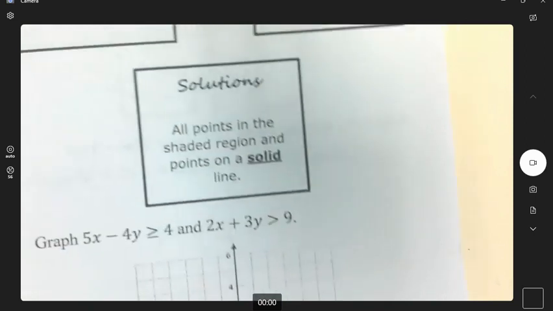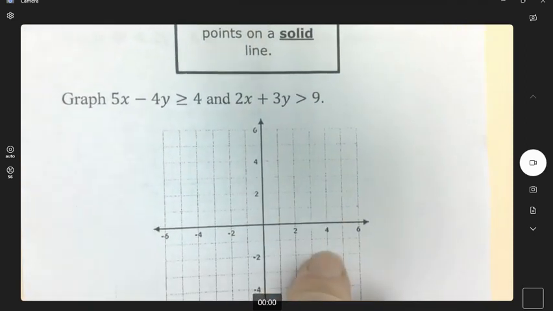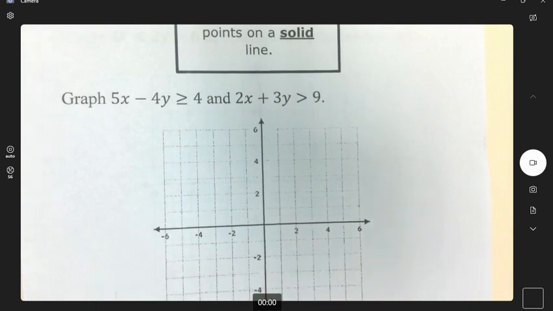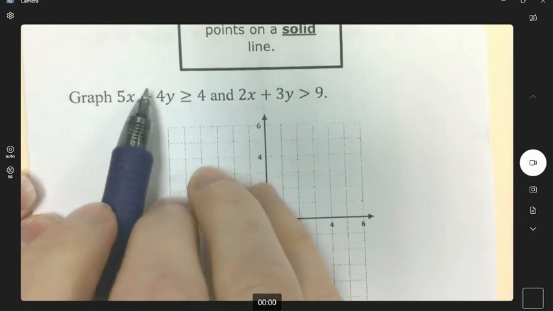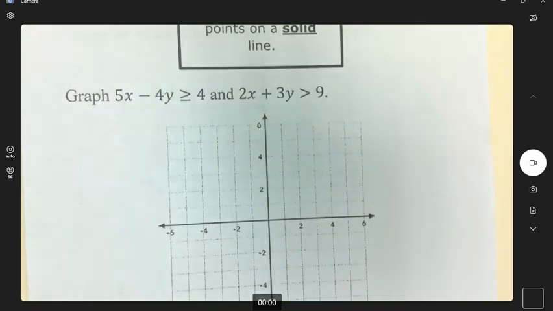So let's go ahead and do our first example. We're going to use Desmos, so make sure to get out your computer whenever we're ready to do that. Let's solve these for y, because the only way to put them into Desmos is to have y out front.